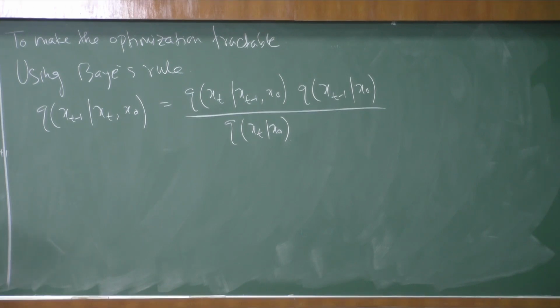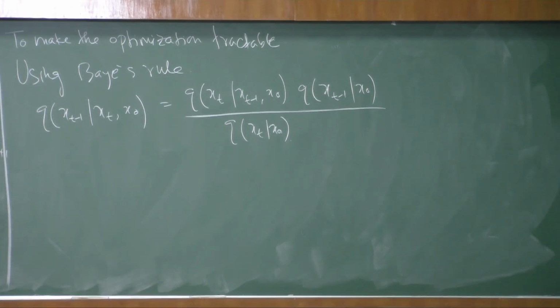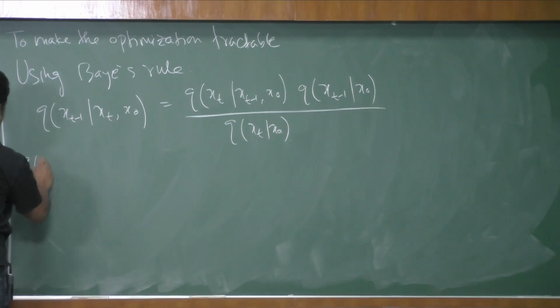Here what we know is that going from t minus 1 to t, by our assumptions, is a transformation of the mean and the variance in a predefined way. So we can write the distribution.